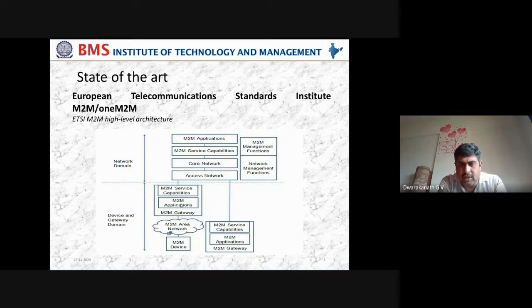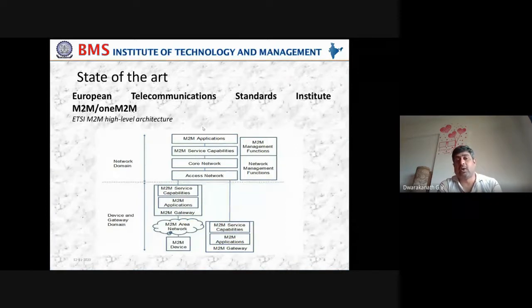There are M2M service capabilities, M2M applications, gateway, and M2M devices. Again, it will be taken to the network domain if you want a large area to be connected. There you use the access network and core network. Again, the same M2M management functions, service capabilities and applications.